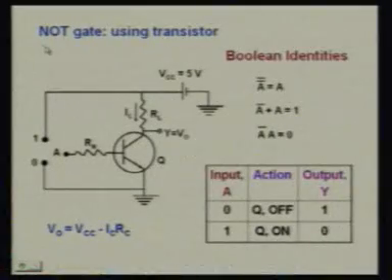So far we have studied the Boolean identities of the NOT gate and other gates. In the next session we will discuss the rest of the logic gates, which are XOR, XNOR, NAND and NOR, and we will realize the different gates.